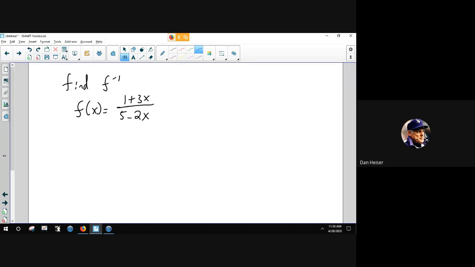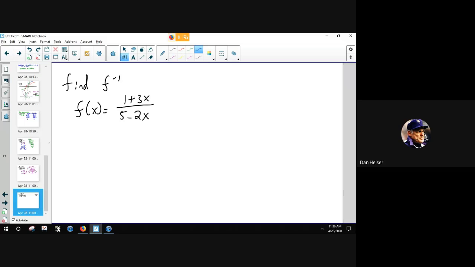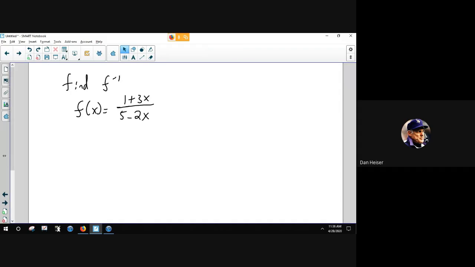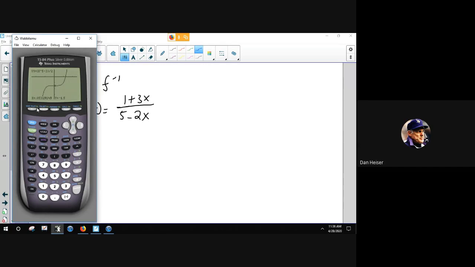One final example to take a look at. Wrap up this section. Again, this is a 1-to-1 function. We know it's 1-to-1. If you're not convinced, graph it.